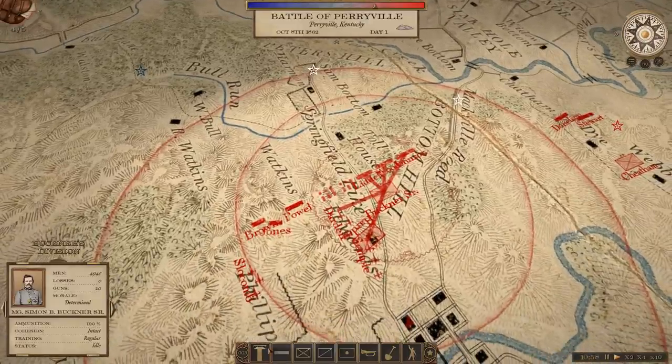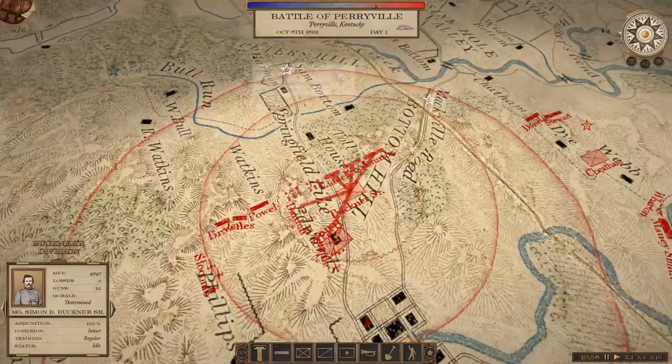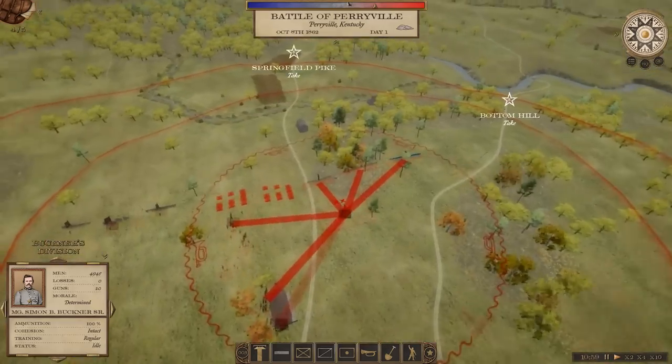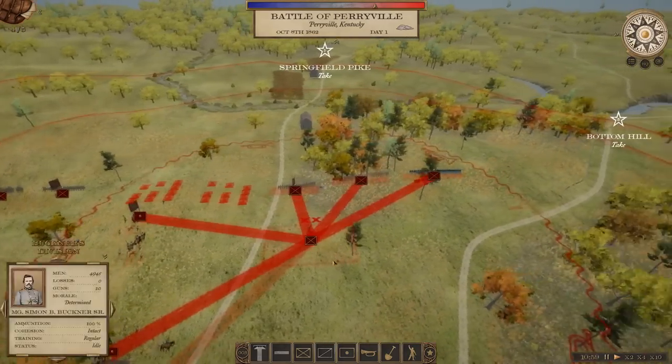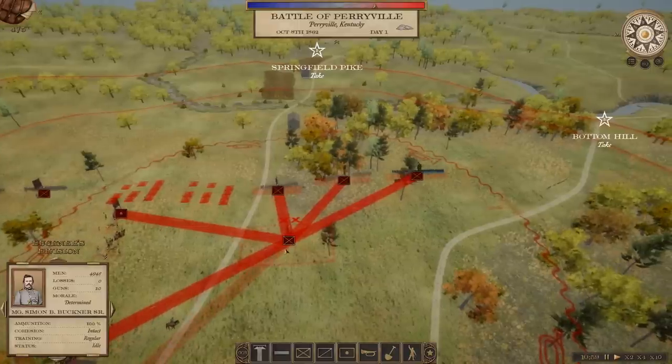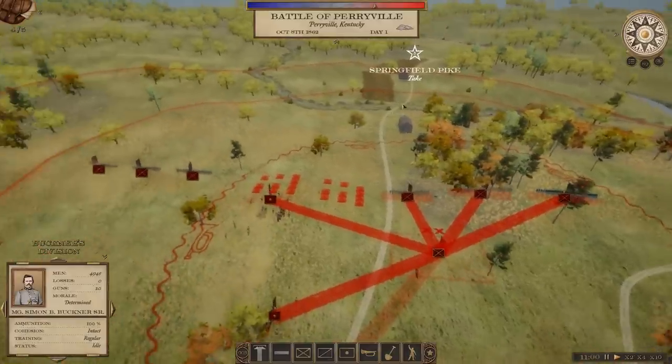And giving a stance means that you hand the division or a corps to AI control, but it will not operate fully independently. It will carry out orders according to what the player is giving.